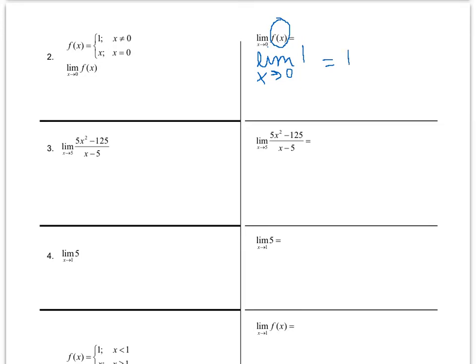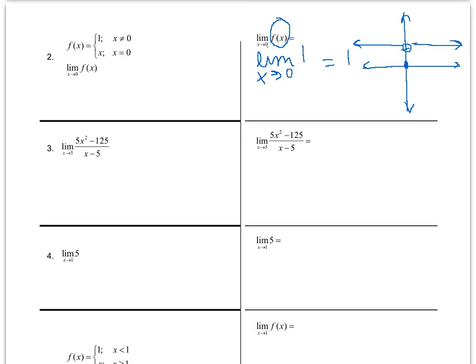Now if I'm to show you a quick graph of this, we are going to have a y value of 1 for everywhere that x doesn't equal 0. So at x equals 0, I'm going to plot a point that has an open circle. And everywhere else the y value would be 1. At x equals 0, the function takes on the x value itself, so we would have something that looks like this.